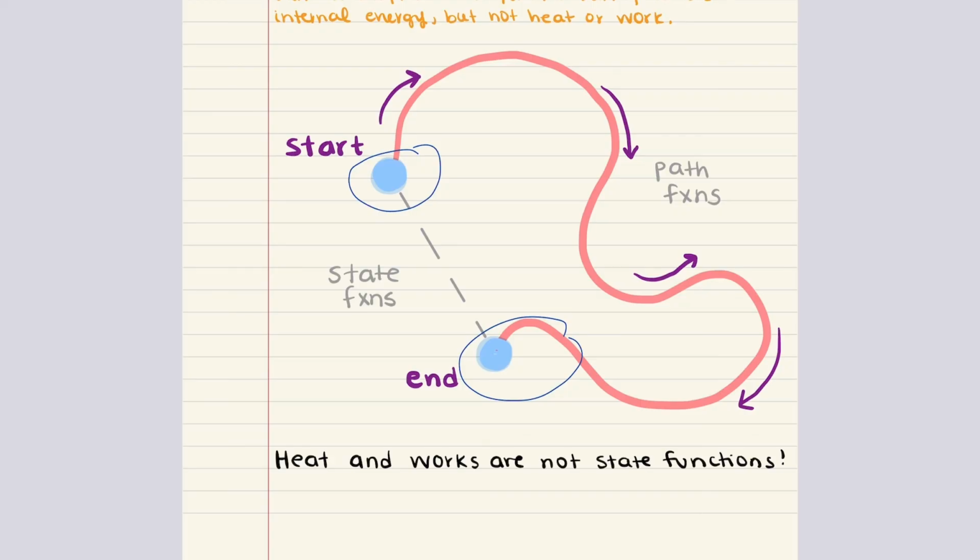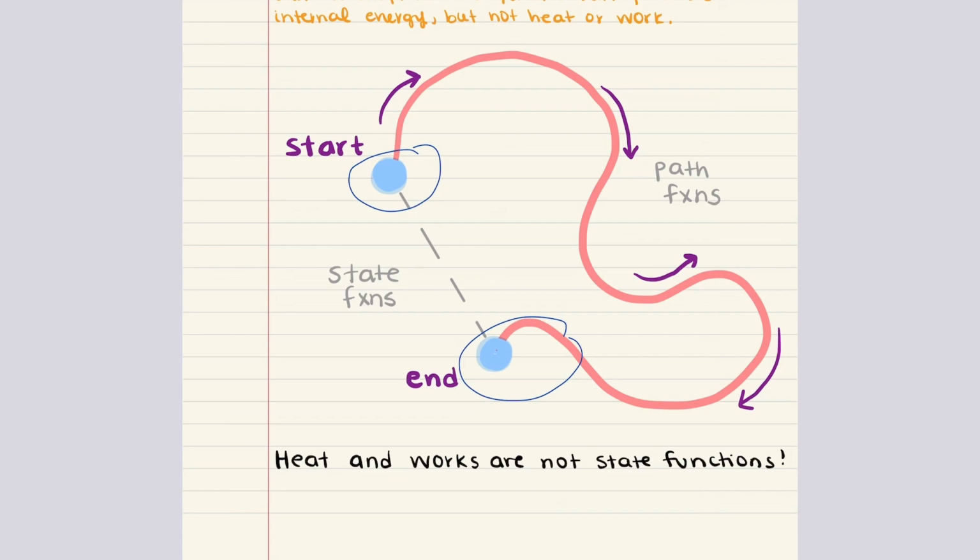To clarify, heat and work are involved in the process of change, but they do not define the system's equilibrium states. They describe how energy is exchanged as the system moves from one state to another. Therefore, they're not part of the system state at the start or the end of the process. That's why they're not classified as state functions.